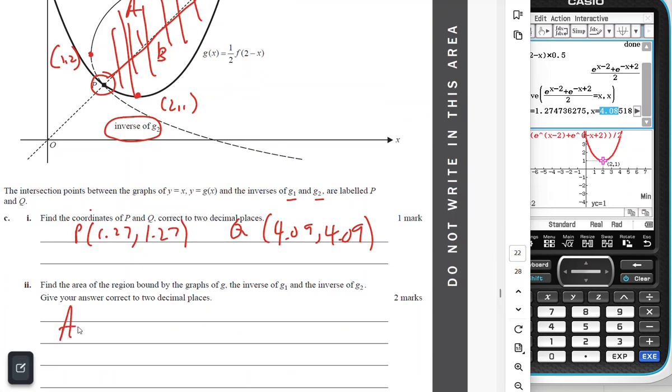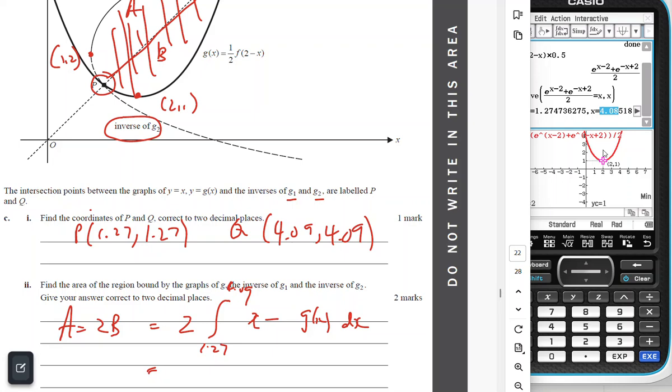So the area is going to equal 2 B's, which is going to equal 2 lots of the integral from 1.27 to 4.09 of x minus g of x dx.